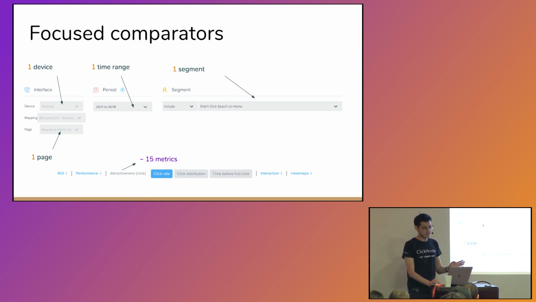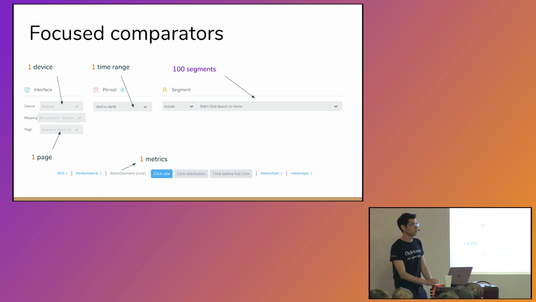It allows us to see if one metric is totally off the chart in terms of relative error, for example. But we could have done that as well for segments of population. In this case, we would just fix the metric to be, I don't know, click rate here, and issue one query per segment of population to ensure that each one is computed correctly.